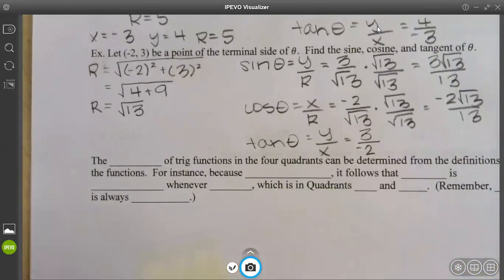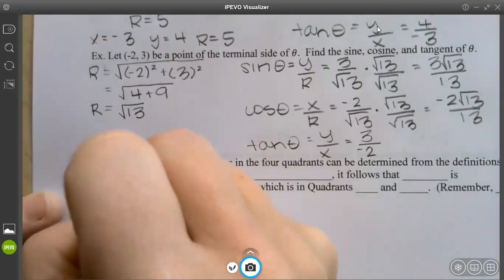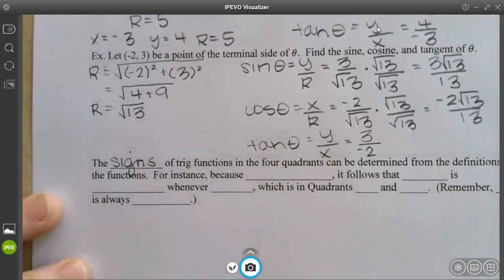All right. So the signs of trig functions in the 4 quadrants can be determined from the definitions of the functions.